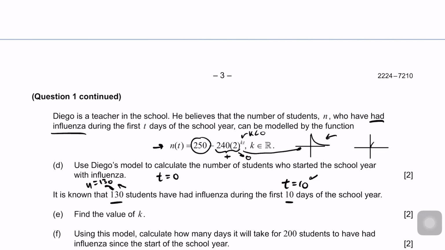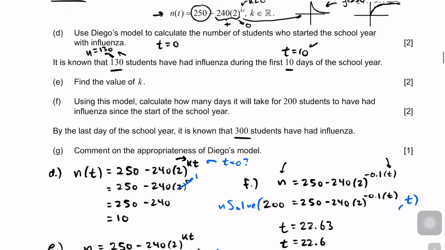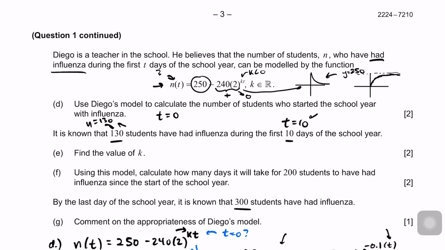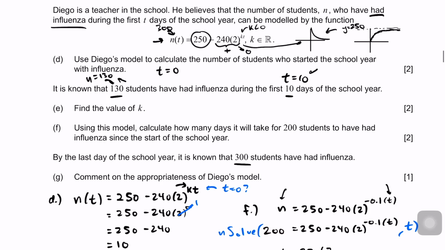So there's some students getting sick, and then after a while it plateaus at around this value of 250. If I can draw this here, y is equal to 250. So we never go above this point. What you can try to do is if you substitute 300 in here, I believe it will return an error as well. So we're not going to ever have a point where n is equal to 300.